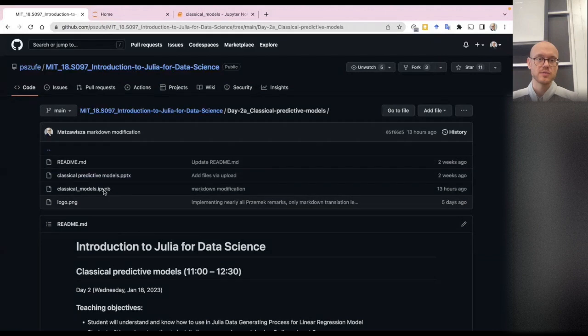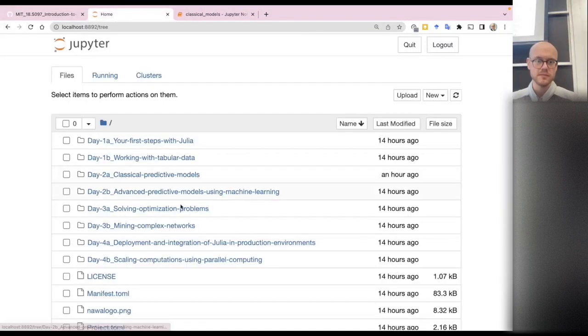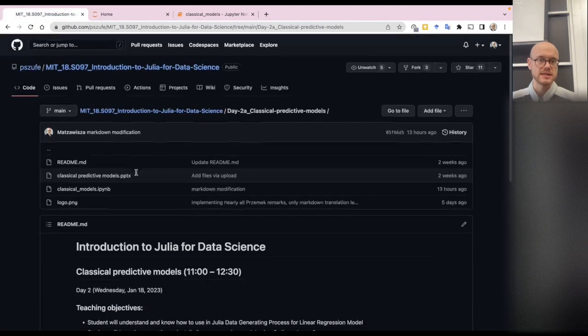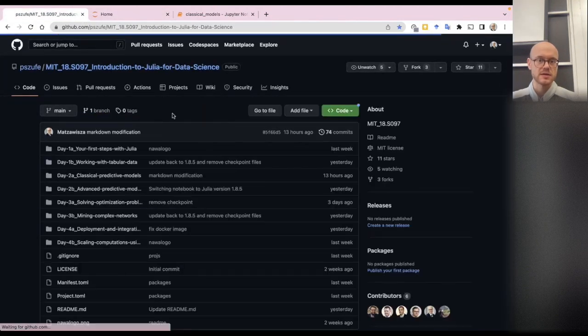So, as it was yesterday, you need to go through some steps and preferably run the Jupyter notebook using, for example, this code snippet.